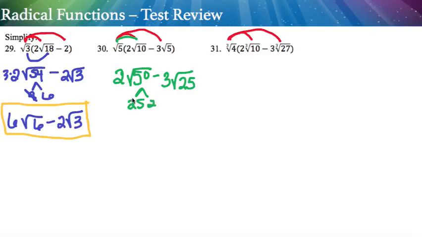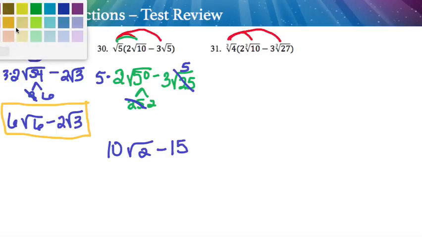So what's the square root of 25? That square root of 25 is 5. That comes out in the front. Okay, so 5 times 2 is 10, square root 2, minus the square root of 25 is 5, so 3 times 5 is 15. This is all you can do with this problem. You have to leave it exactly like that.